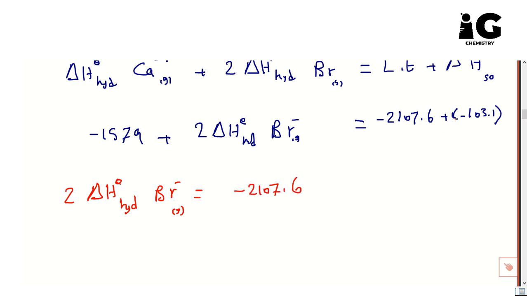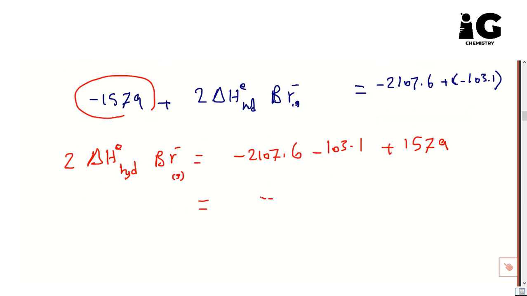2107.6. This is plus minus, so it's going to be minus 103.1. And here we can take all of these to the other side to be plus, so plus 1579. And then let's do it in the calculator. Let's see the final. So it's going to be negative 694.7. And remember, guys, this is 2.